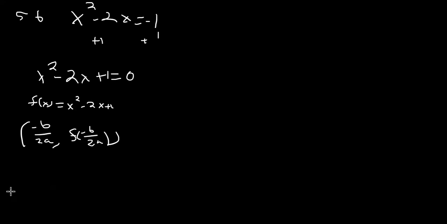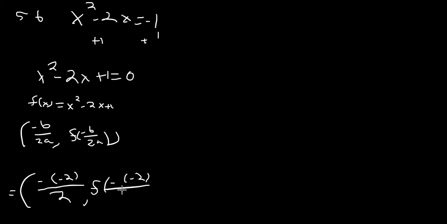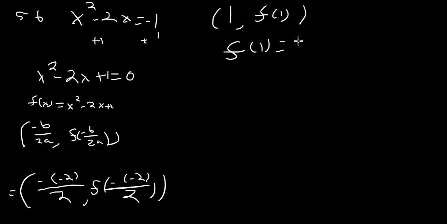Here b is negative 2, so the vertex is going to be negative negative 2 divided by 2, which is 1, and then f of 1. So f of 1 is equal to 1 squared minus 2 times 1 plus 1, which is just going to be 1 minus 2 plus 1, so this would be 0. So it looks like our vertex is the point 1, 0.